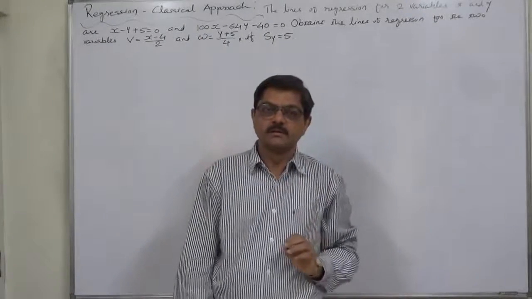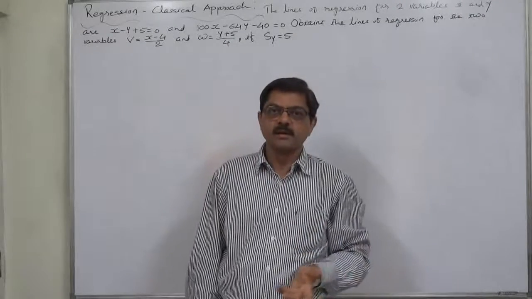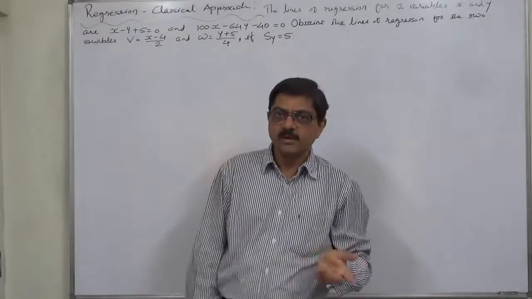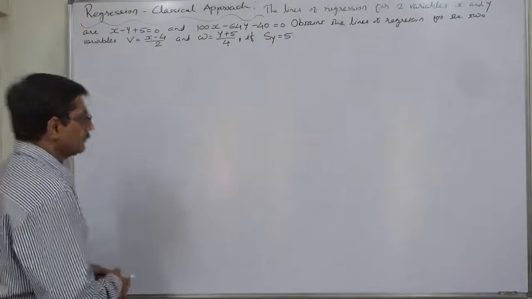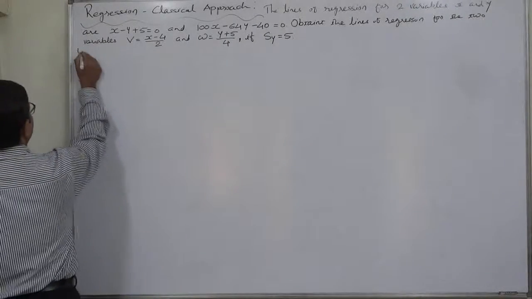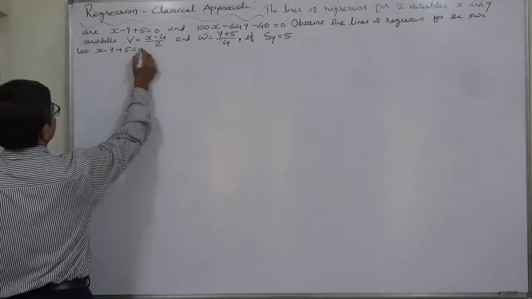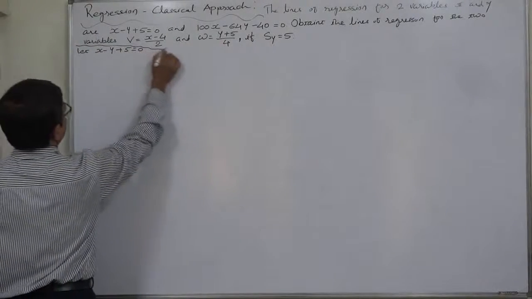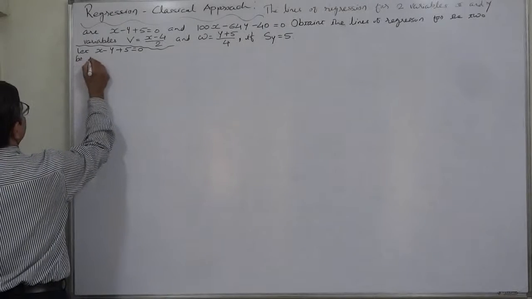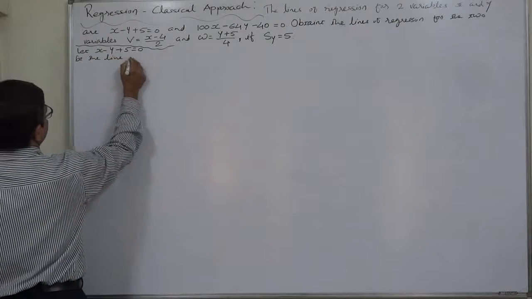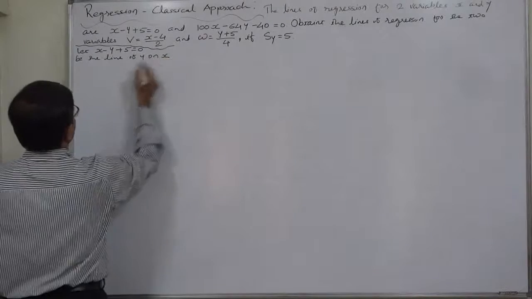So first of all, on the basis of these two equations, we can find out five things: byx, bxy, rho or r, x bar and y bar. Let's find them. Let x minus y plus 5 equals 0 be the line of regression of y on x.